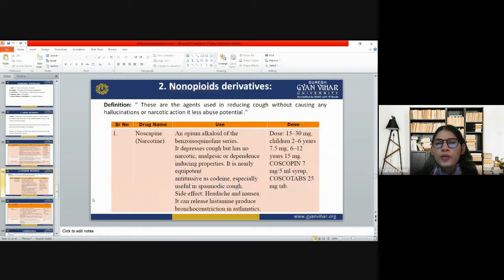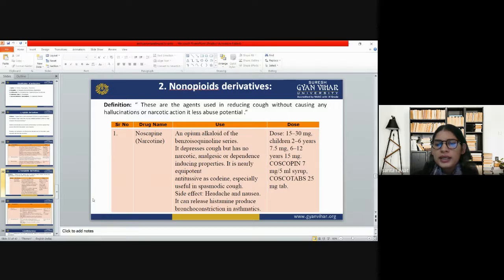Then we have non-opioid derivatives. These are the agents used in reducing cough without causing any hallucination or narcotic action. They have less abuse potential. So we have noscapine, or narcotine. It is an opium alkaloid of the benzylisoquinoline series, and it depresses cough but has no narcotic, analgesic, or dependence-inducing properties.